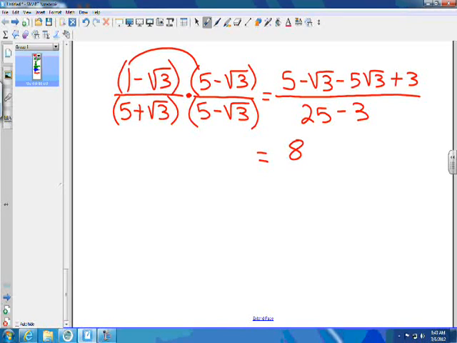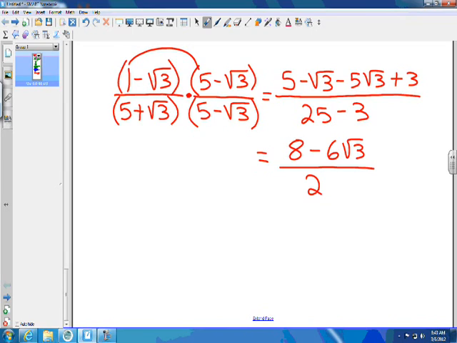Anything else? Yeah, those are like terms. That's just like minus x minus 5x. So negative 1 square root 3 minus 5 square root 3 would give you negative 6 square root 3. Very good.